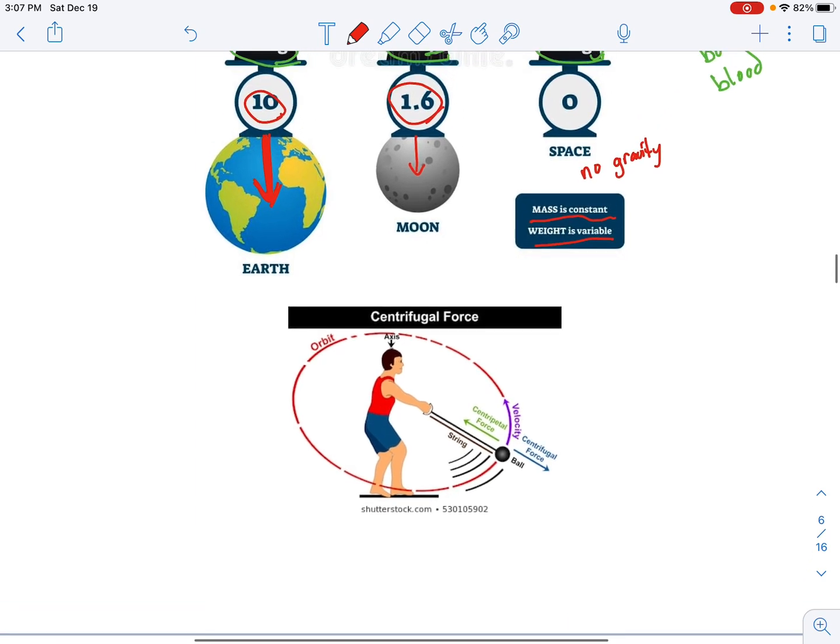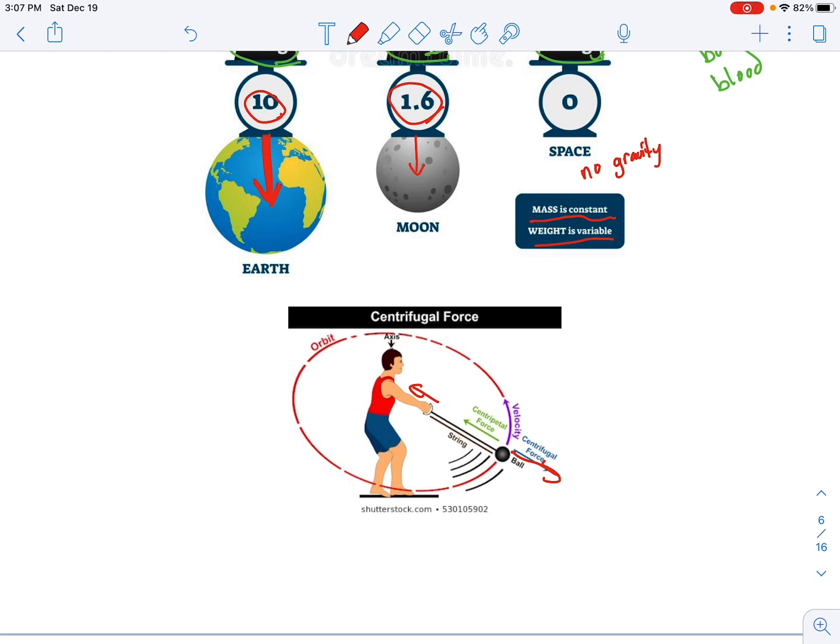All right. Last picture here, we have some centrifugal force. So the guy in the center is pulling back on this ball, and this ball is trying to fly forward the opposite direction. But because it's on a string, it's going around in a circular path.